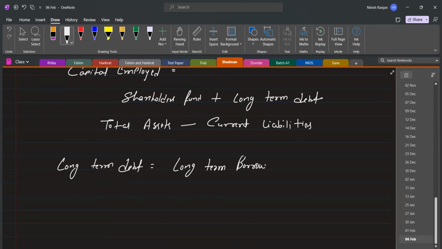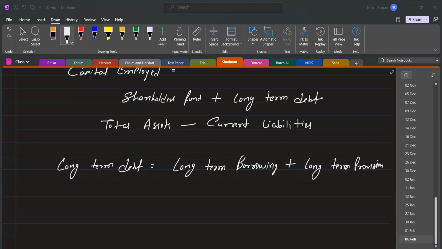Okay, sir. Long-term provision. So whenever we say debt to capital employed ratio, capital employed we have not covered yet. Can you check whether we have completed our capital employed part or not?